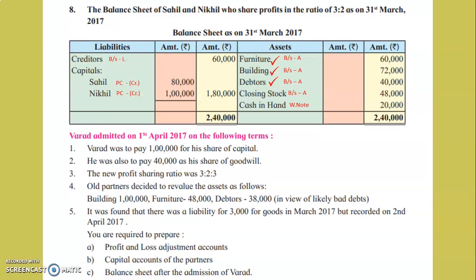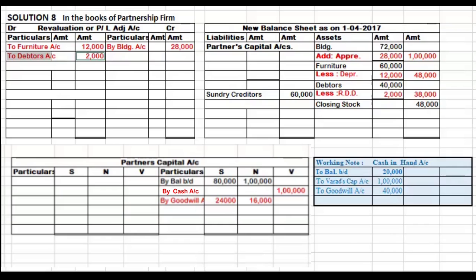So we have to record this liability now. So this unrecorded liability, we'll show it on the liability side of balance sheet. Liability for goods 3,000, or we can add this in creditors as this is liability for goods and this is an increase in the liability. We'll show this on the debit side of profit and loss adjustment account.